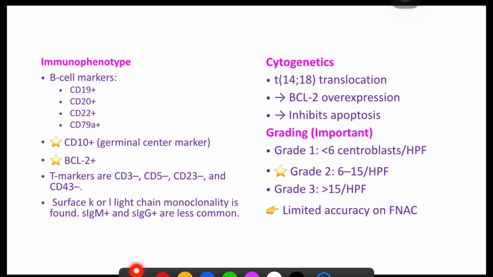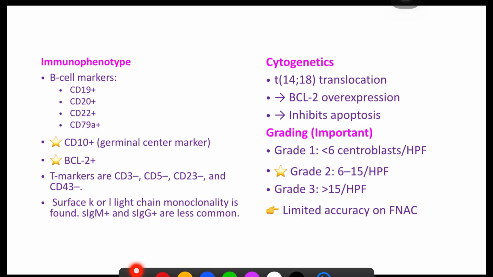Immunophenotypically, CD19, 20, 22 and CD79a are positive, CD10, which is a germinal center marker, is positive, BCL2 is positive, and T cell markers like CD3, CD5, CD23 and CD43 are negative.